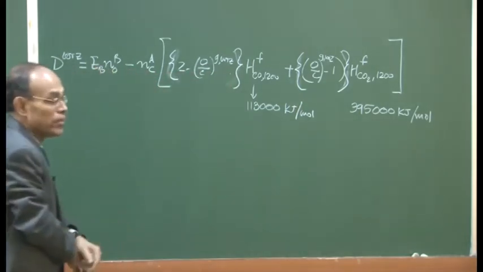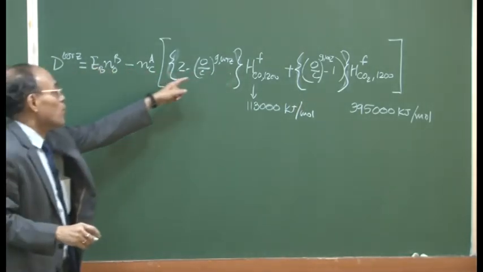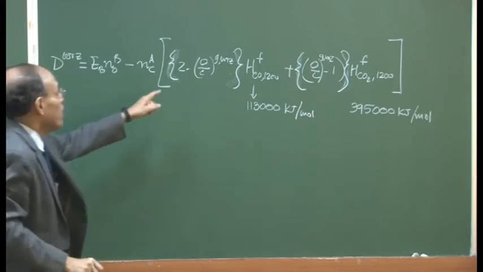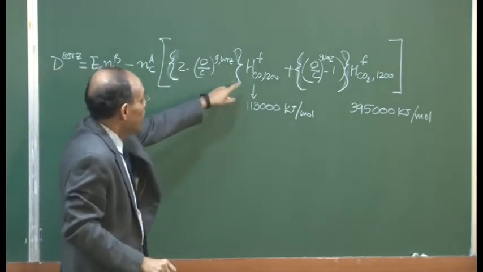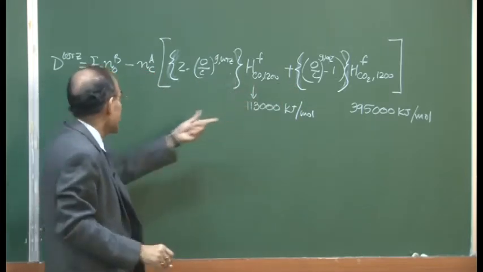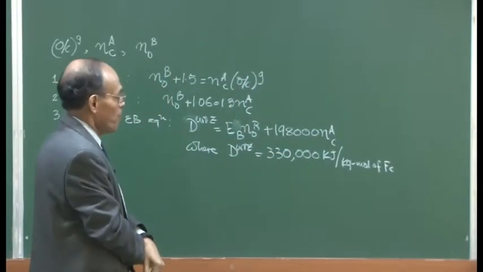Okay? And we know that O by C is 1.3. So, if you substitute the value, these values are known, so that means that an explicit numerical value will result, and that numerical value has been shown to be equal to 198,000.